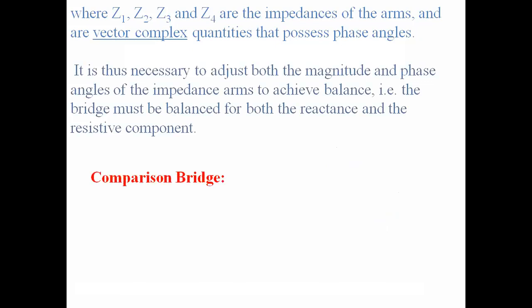So here we have a comparison bridge. We compare the unknown inductance value and unknown capacitance value with known standard capacitance and inductive components. There are two types of comparison bridges.